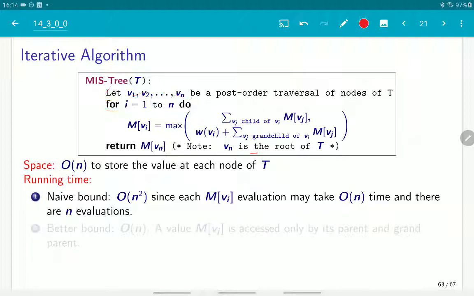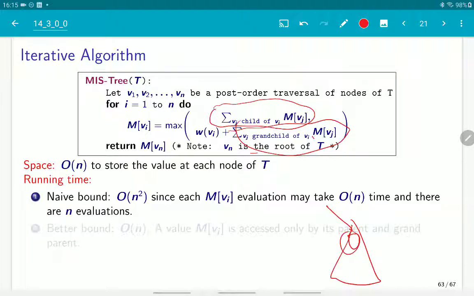But in fact, one can be a bit more clever, because you look at the node and charge the work involved in computing the summation to reading this value. So the question is how many times a value is being read? Well, a value stored in a tree is either read by its parent, so that's once, or it's read by its grandparent, so that's twice, and that's it.